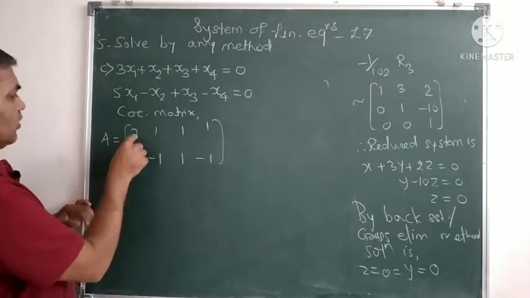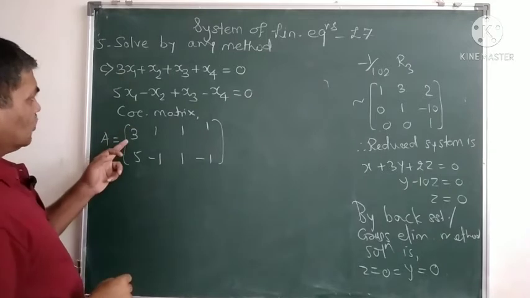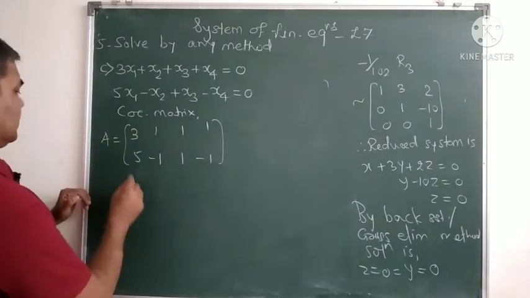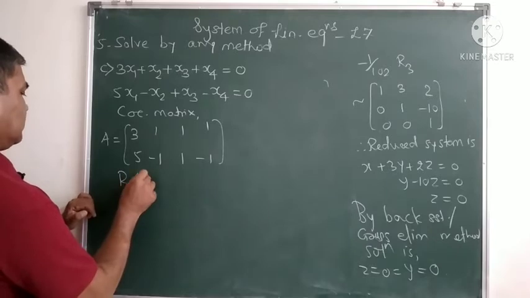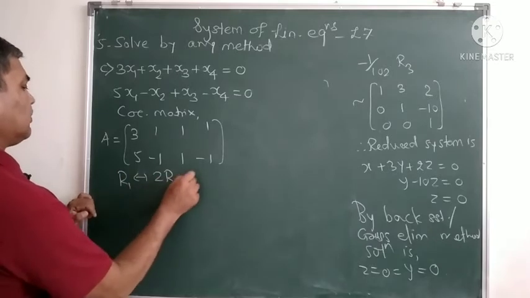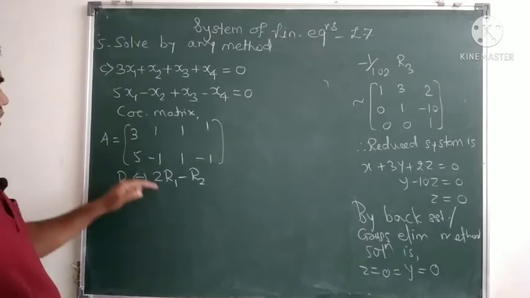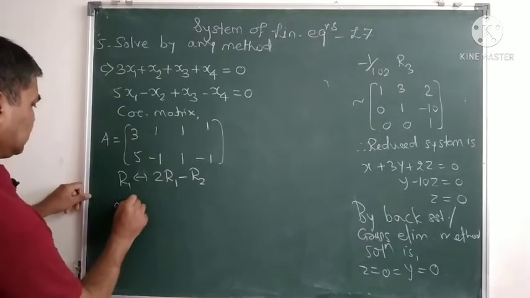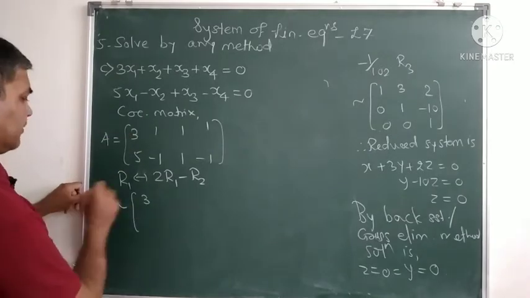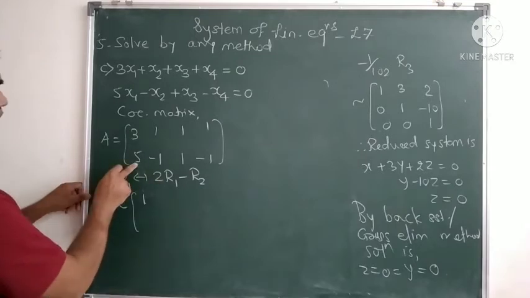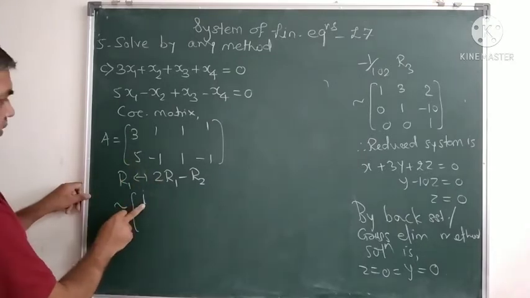We have to obtain 1 in the first position. So how to obtain that? 2 R1 minus R2. 6 minus 5. This gives us 6 minus 5, 1.